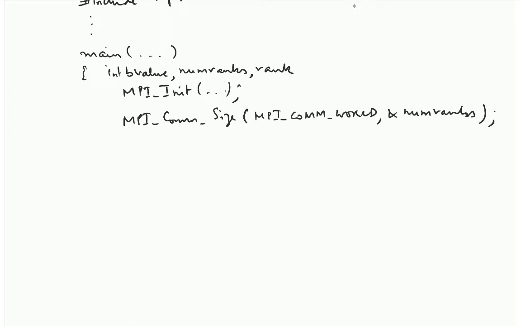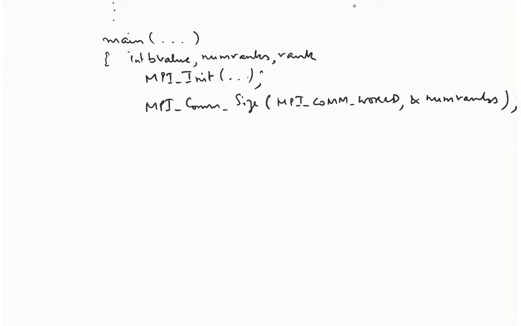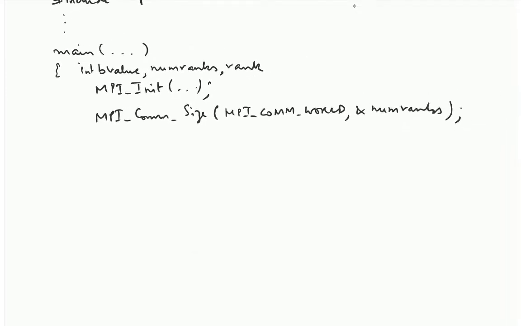So this gets me the total number of ranks. And then I want to know what is my rank. So I call MPI_Comm_rank, again MPI_COMM_WORLD, and into the variable rank.